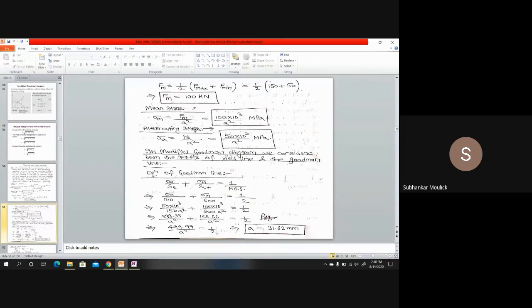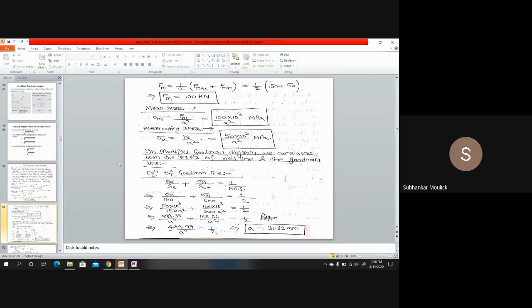Mean load divided by cross sectional area. Mean load is Fm, and the cross sectional area of the square is A into A, that is A square. But A I need to find out. So the value of sigma m comes out to be 100 into 10 to the power 3 by A square megapascal.